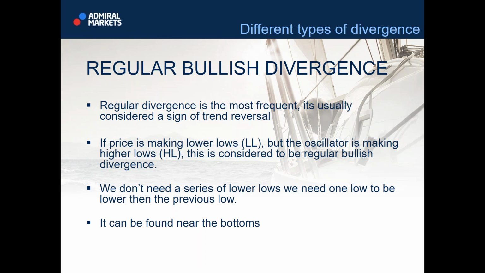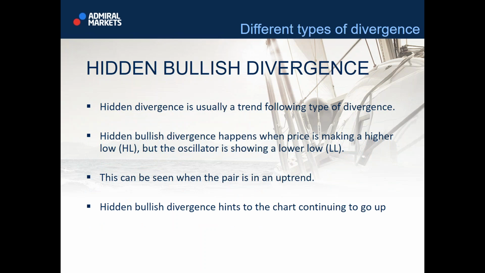bullish divergence. Now, hidden bullish divergence. It's a different type of divergence. A hidden bullish divergence is basically a sign of continuation. Sorry, guys. Screen should be okay now. Hidden bullish divergence.